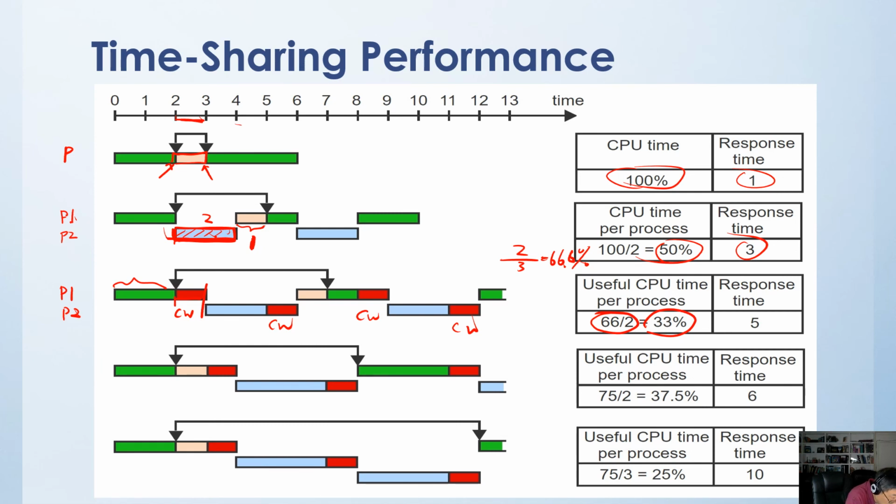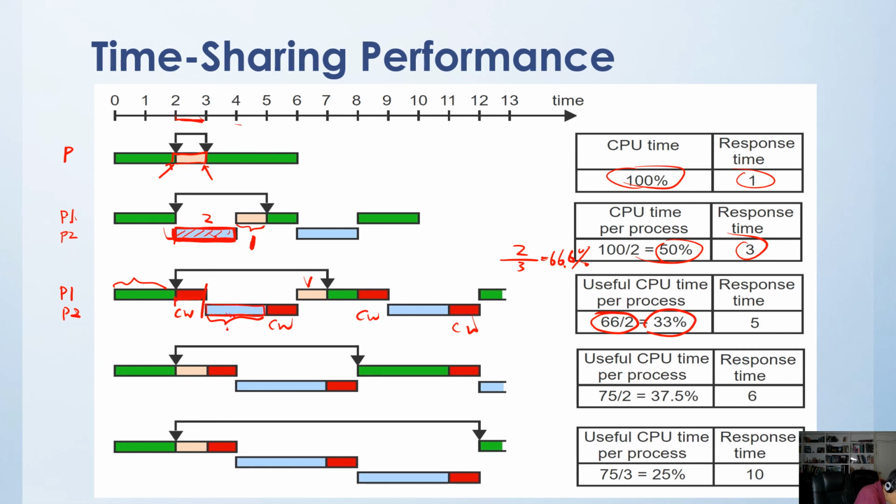Now, because of this, the response time increases to 5. Why? The original response time is 1, but then you add 2 additional delay because of the time sharing. That's for process 2.